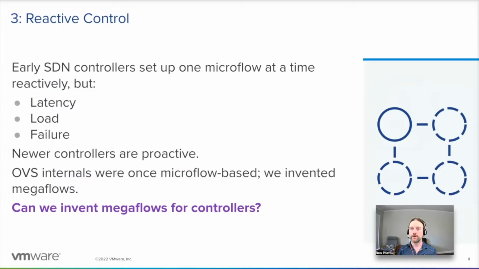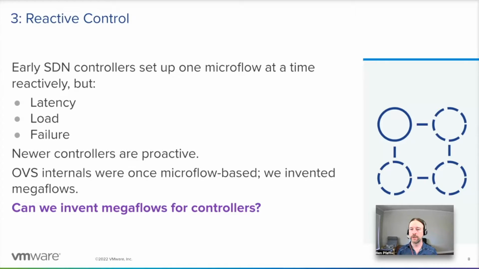So here's one that might work. I don't know whether anyone has really tried this. So if you remember SDN controllers back in the early days of 2008, 2009, 2010, they didn't distribute all the policy data at the beginning. Instead, they waited for traffic to show up, and then they told the switches what to do 1 microflow at a time.